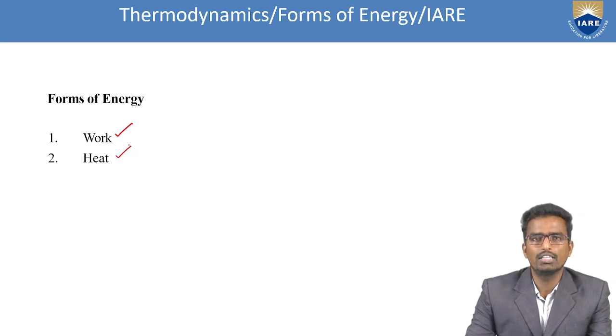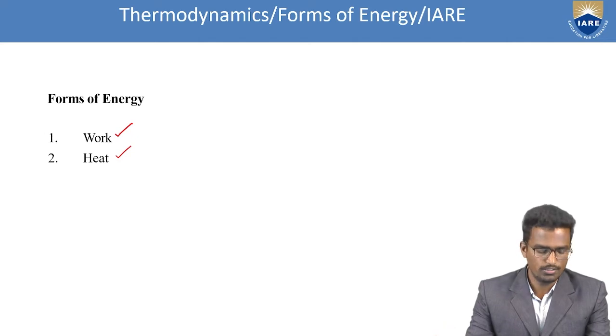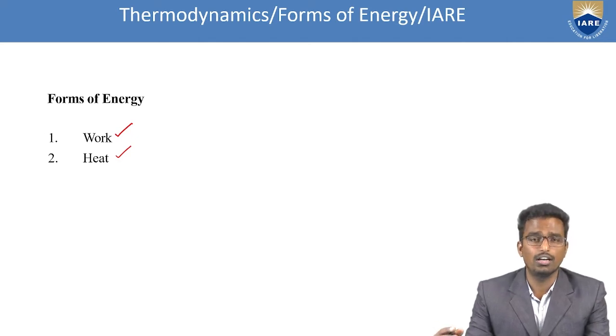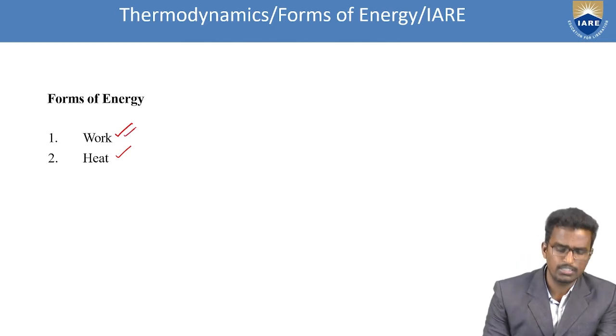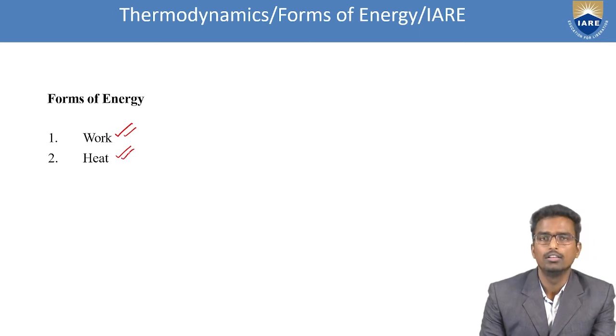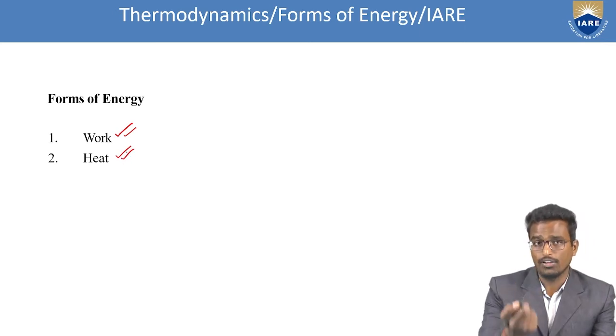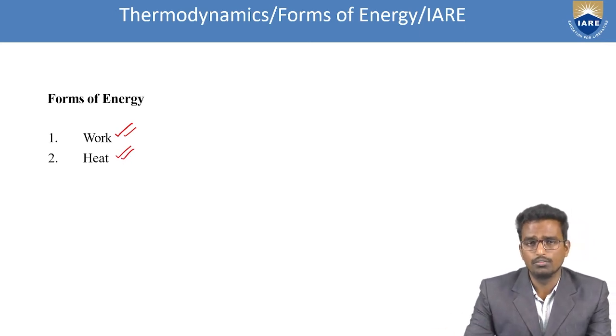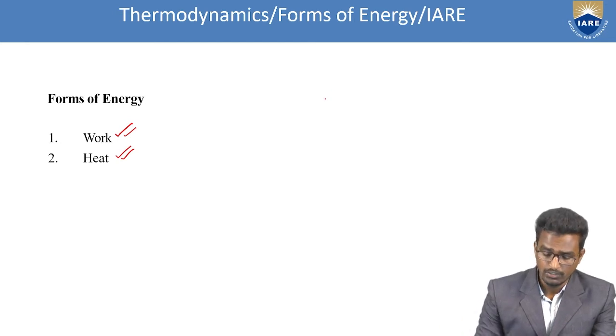Work and heat are two different forms of energy which we frequently discuss in thermodynamics. We generally understand, at a basic level, what work is and what heat is, right?